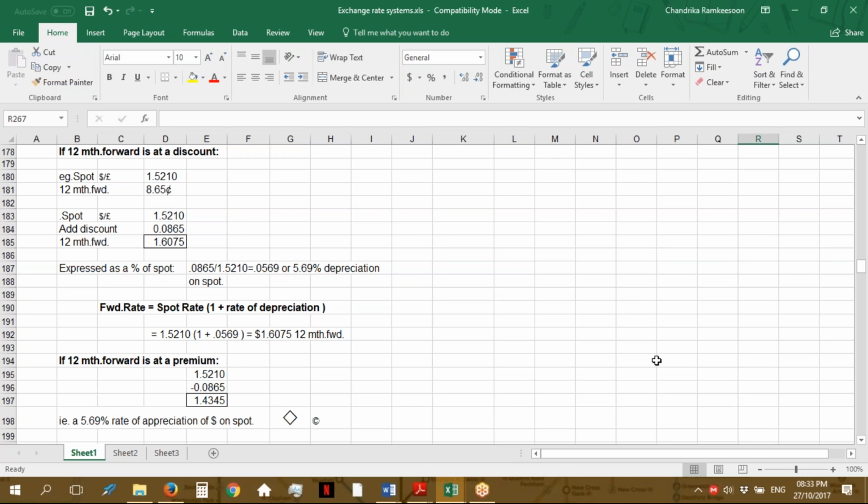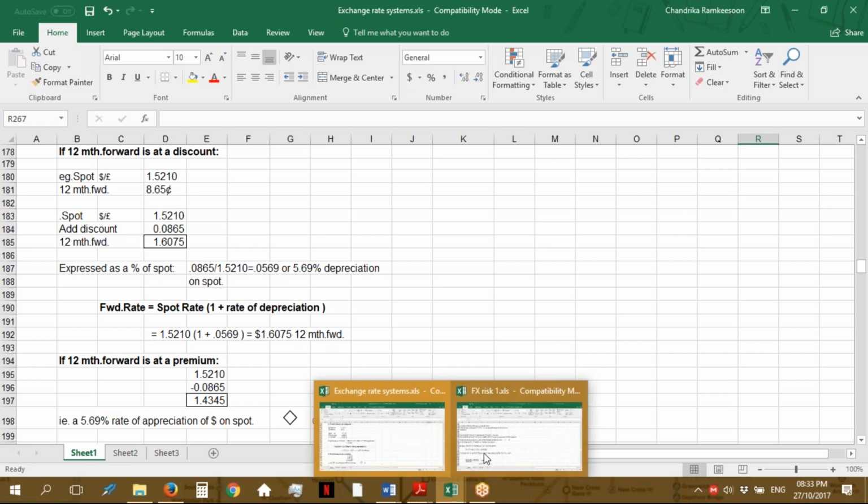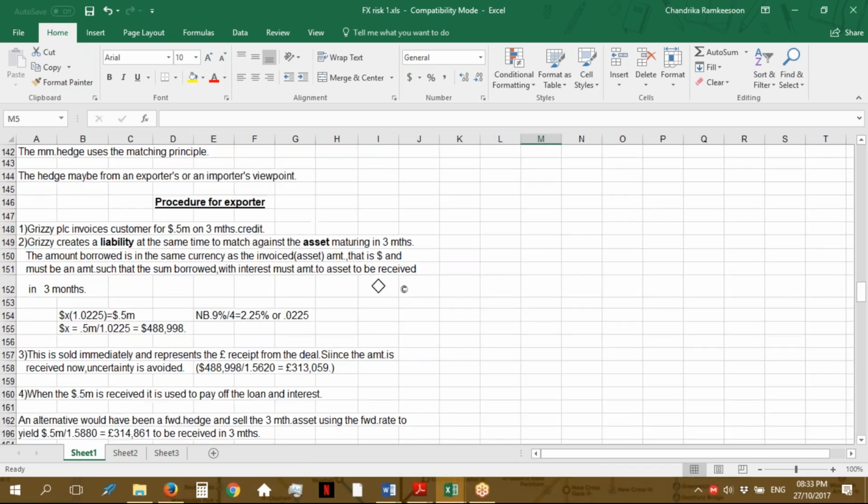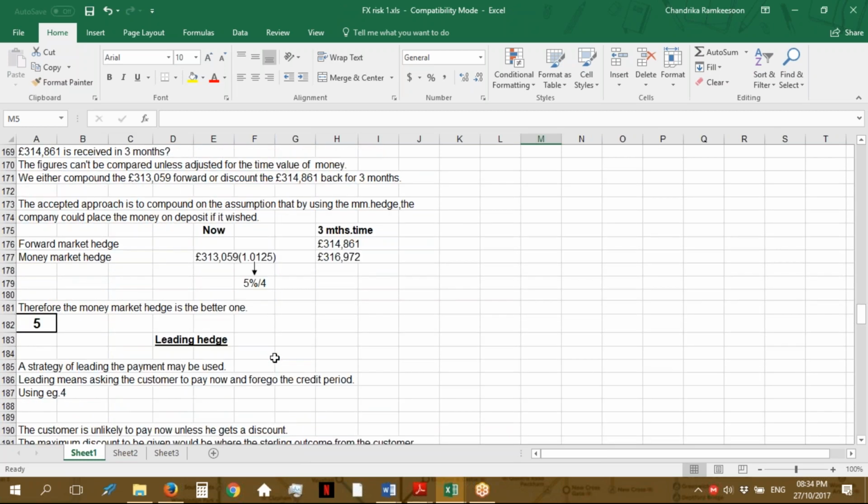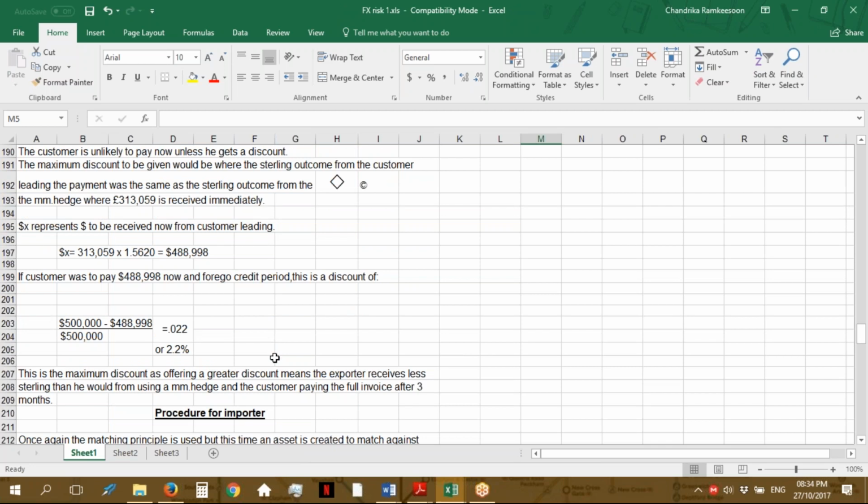Right. Now, having said that, the question is, what are the different techniques which can be used to hedge? And as I said, some of these things you would have studied at F9, which we'll go through quickly just as a recap. And of course, I'll give you the worksheet and all that. In one of the handouts, I've shown you the full procedure for a money market hedge and a forward hedge and all that.